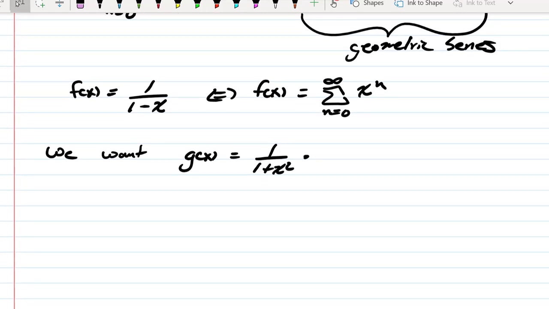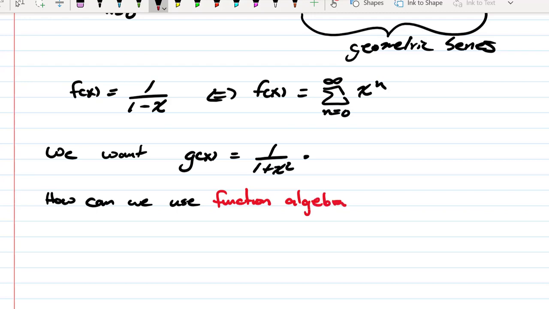So our question then becomes, how can we use function algebra to express g in terms of f?